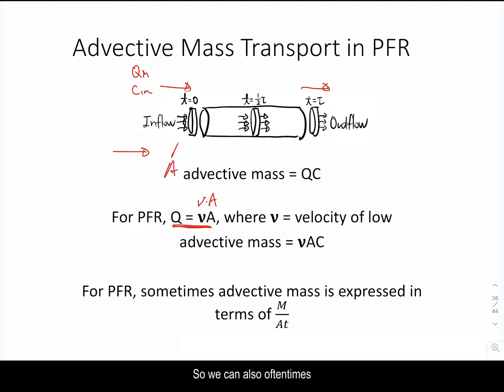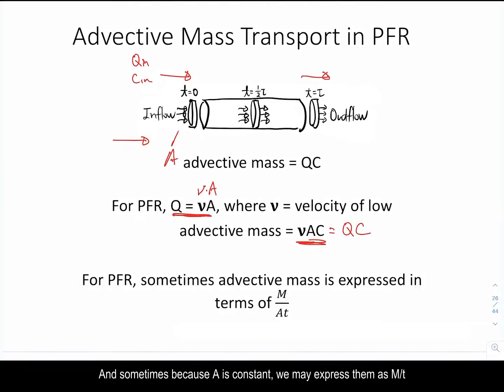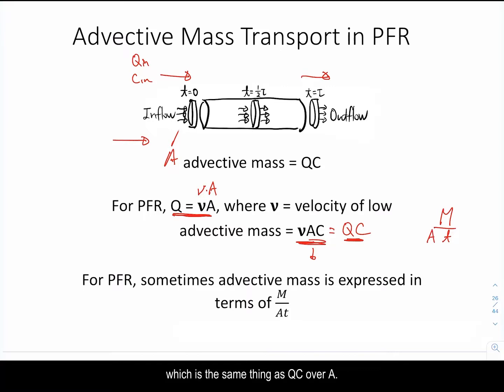So we can also oftentimes describe QC as VAC. And sometimes because A is constant, we may express them as MT, which is the same thing as QC, over A.